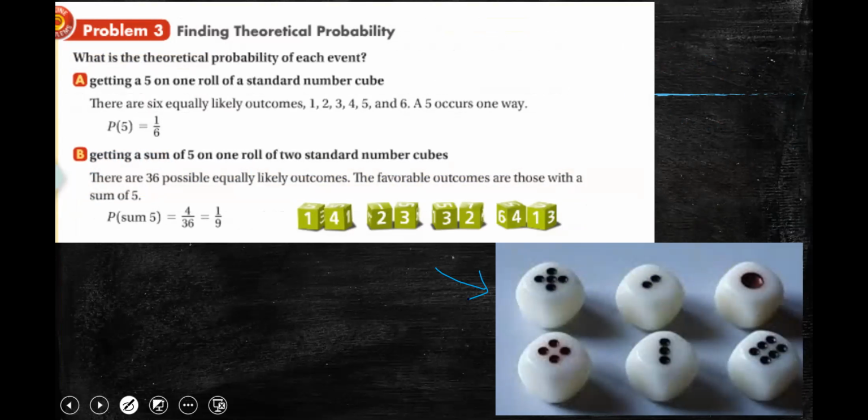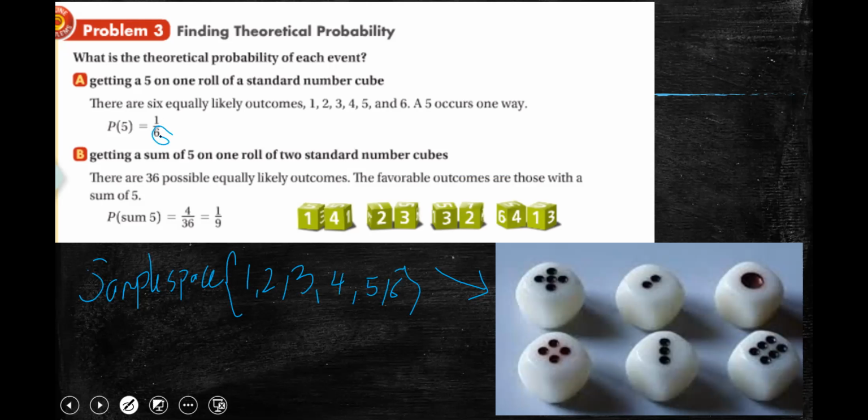Now, what is the probability of getting a 5 on one roll of a standard number cube? 1/6. Now, what is the sample space here? 6. Yes, the sample space is getting 1 or 2 or 3 or 4 or 5 or 6. So I have 6.